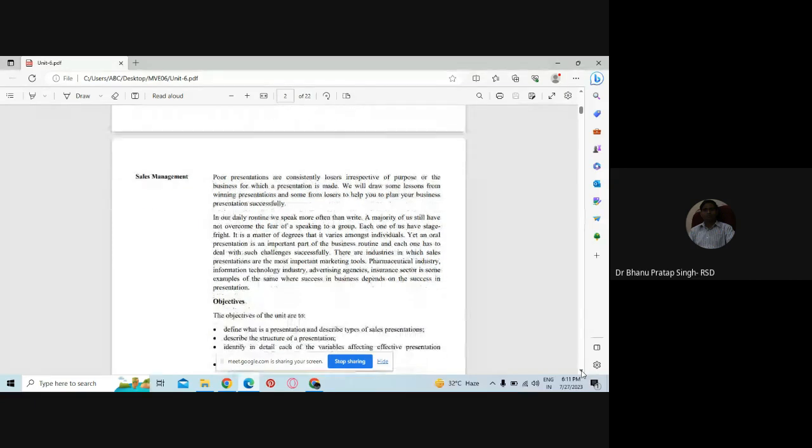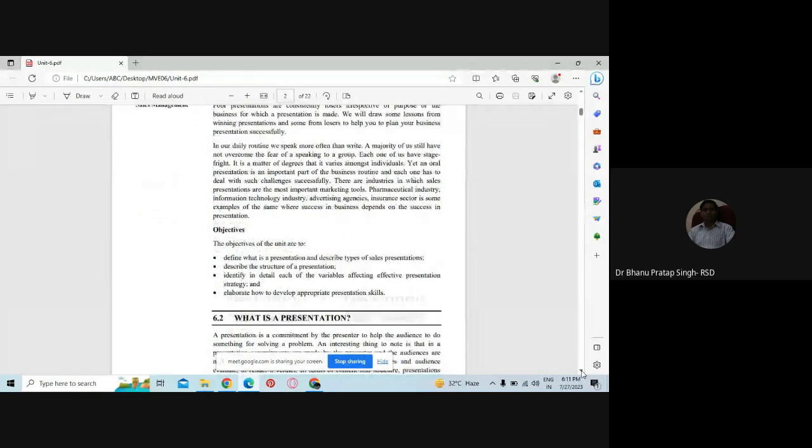So in this particular unit, there are four objectives that we have to achieve. First is what is the presentation and the types of sales presentation. Second is what is the structure of presentation, and third is the details of each of the variables affecting presentation strategy, that is, the factors which affect the presentation.